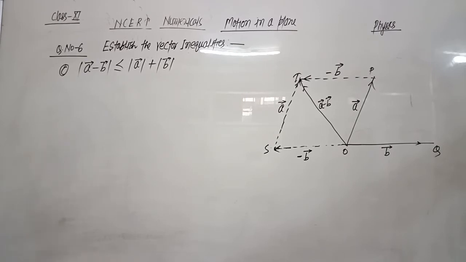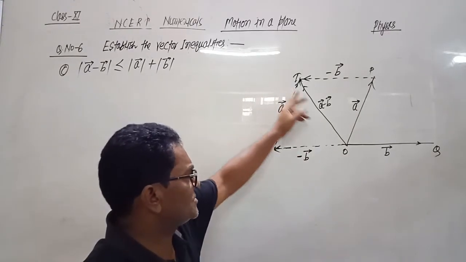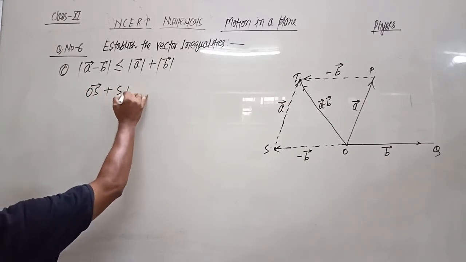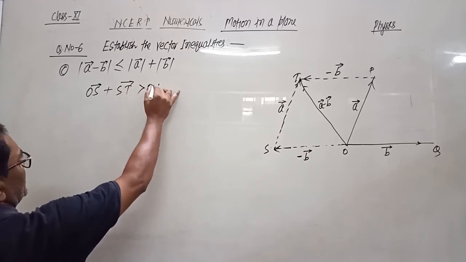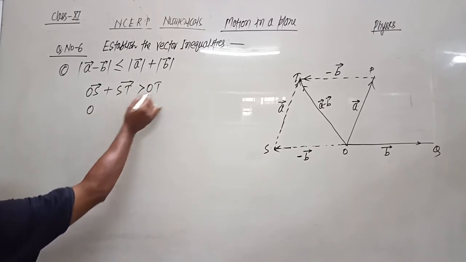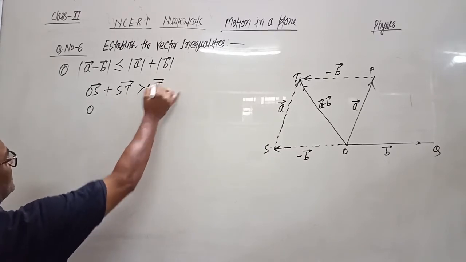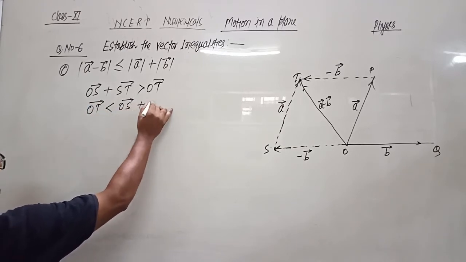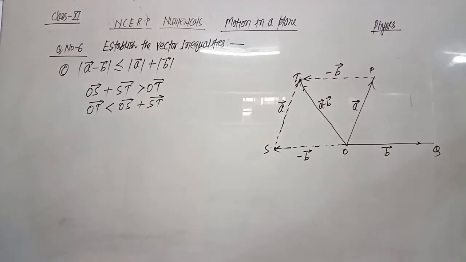The sum of two sides OS plus ST is greater than OT, and its converse is written as OT is less than OS plus ST.